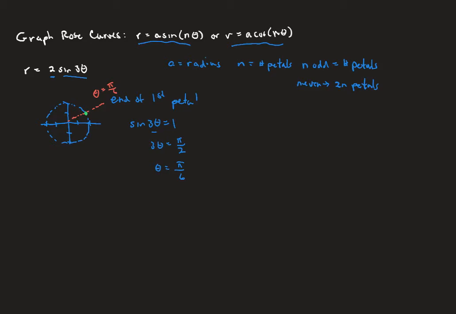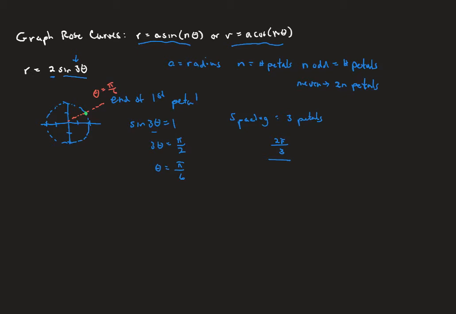Now, we know that the spacing for petals is going to be even, and since the 3 was odd, the n was odd, that means we have 3 petals. Since they're going to be evenly spaced and 2 pi is all the way around the circle, then there will be a spacing of 2 pi over 3 between each petal.